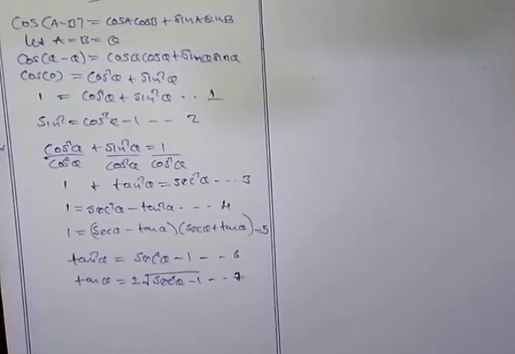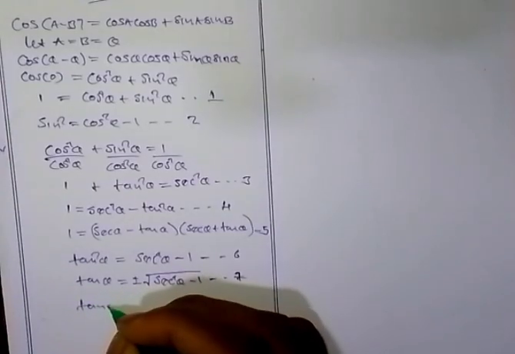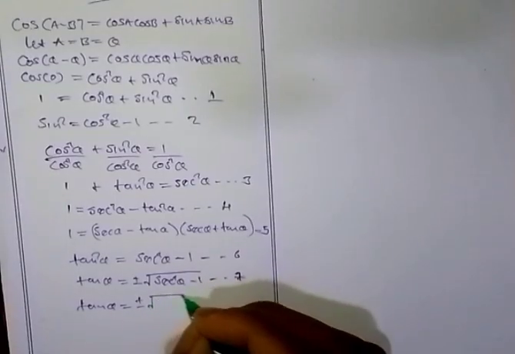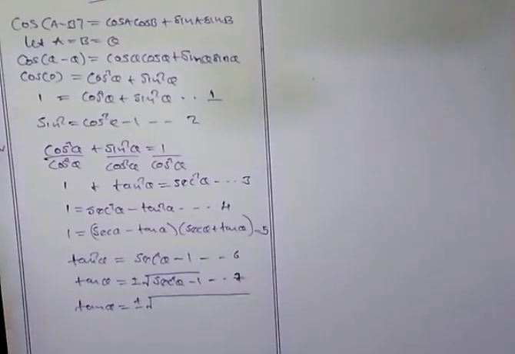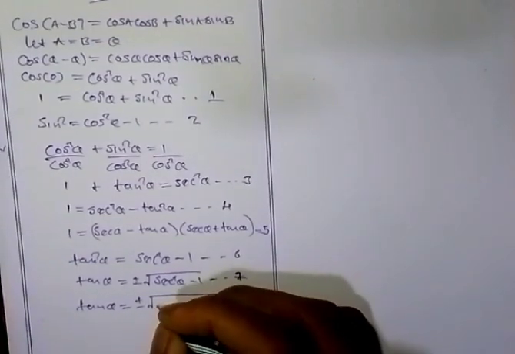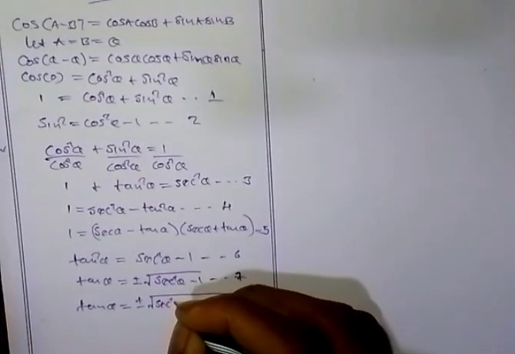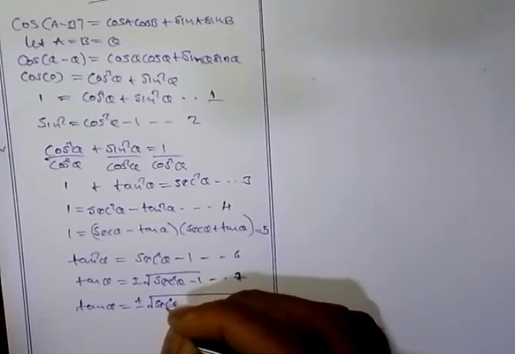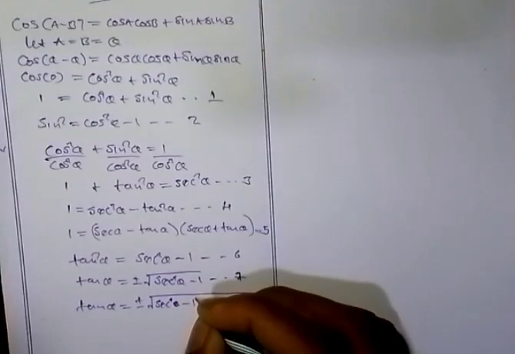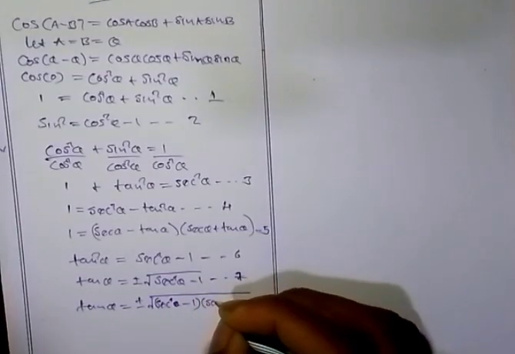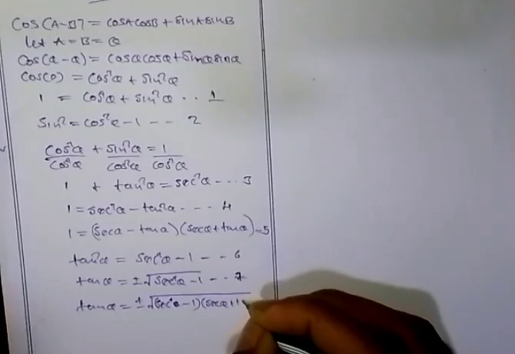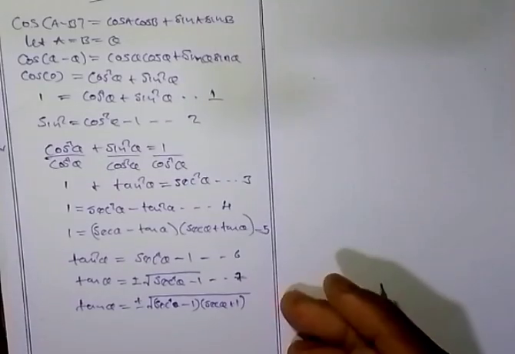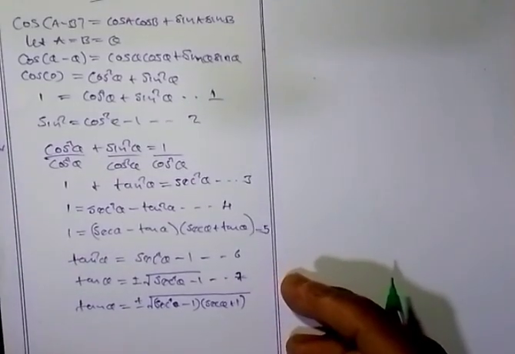And we're going to say tan theta is equal to plus minus the root of, so this one is going to be a difference of squares, sec theta minus 1, like that, and sec theta plus 1, like this. And this gives us the 7 identities up to now.